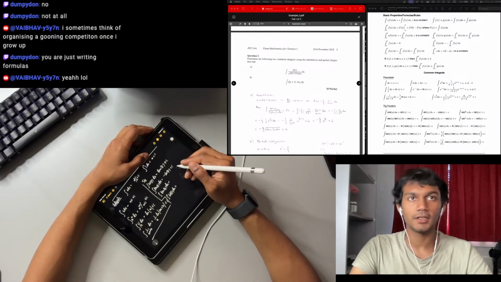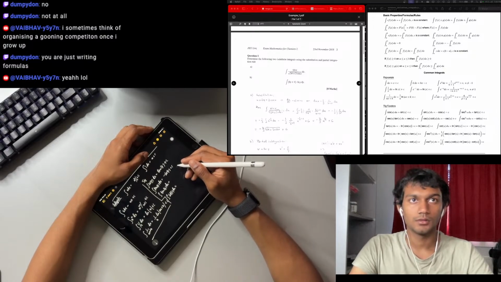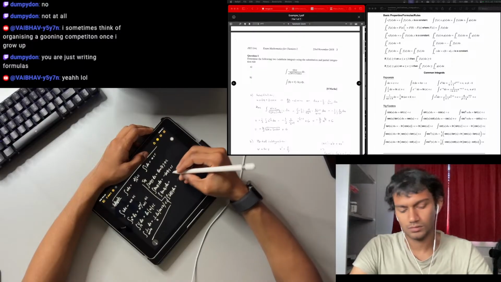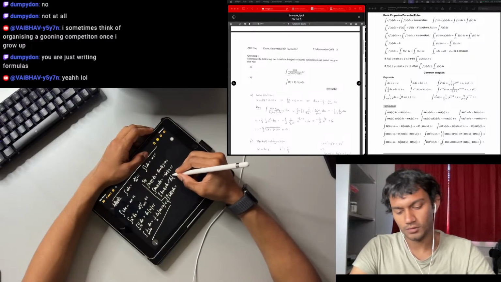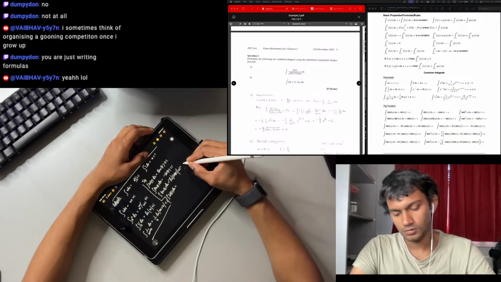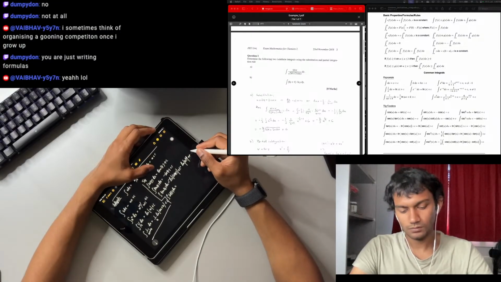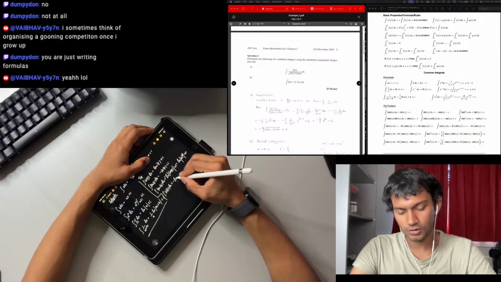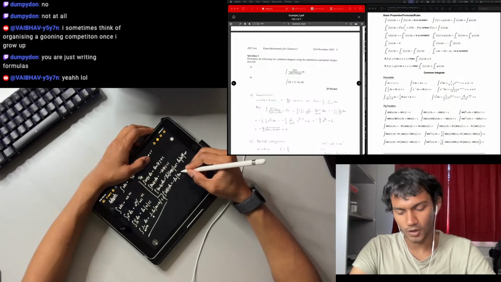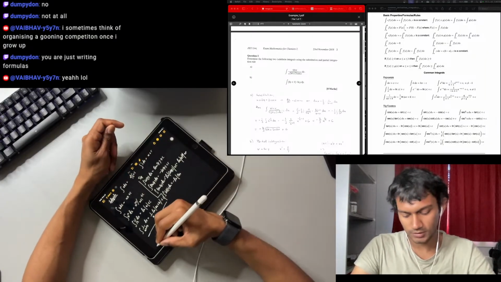Tan x equals minus log of cos x. Sec... minus log of sin x? No, I'm guessing it's just sin x.